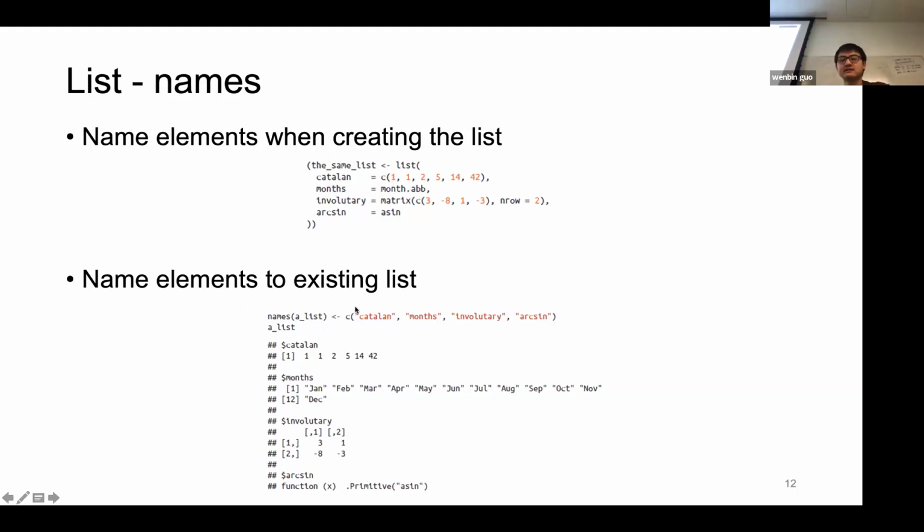Just pass the character vector into the names of this list. The final result is that you are renaming the whole list, so each element can have a new name now.